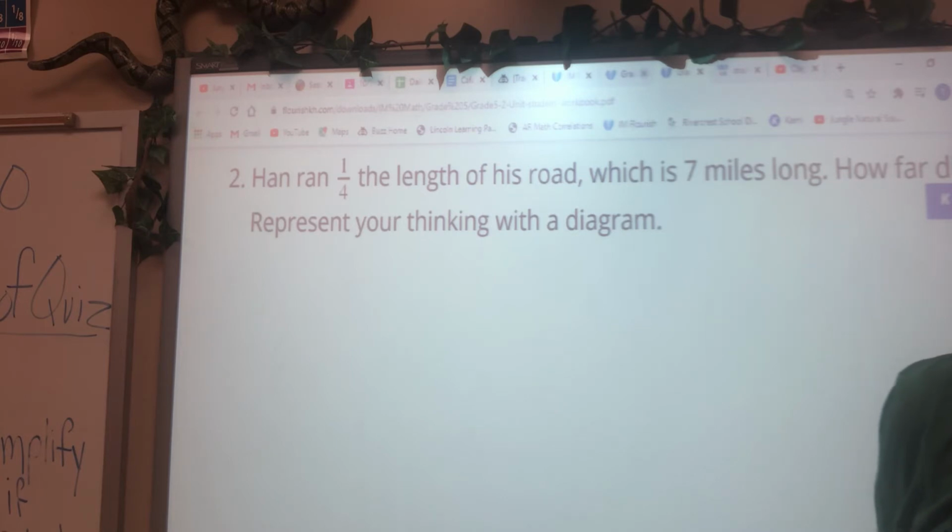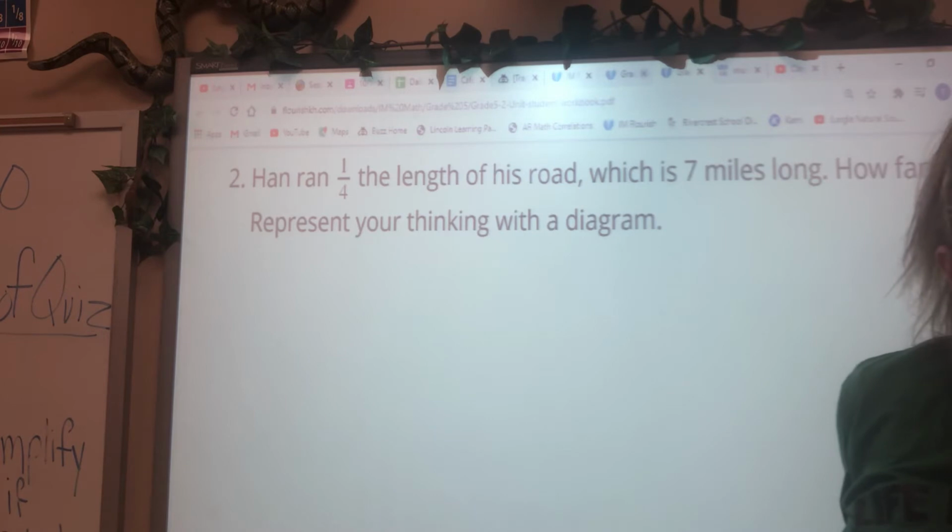You're going to take your card sort, and it wants you to find the expressions and the diagrams, and it also has given you some fraction multiplication, both with a whole number and a fractional part. So I want you to look through your card set and think about which of your cards would represent that situation.